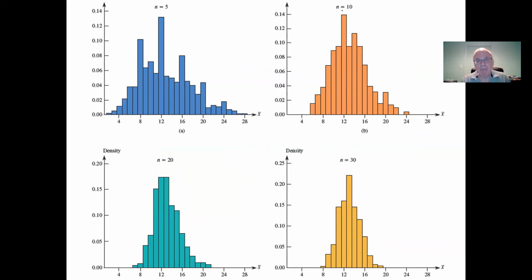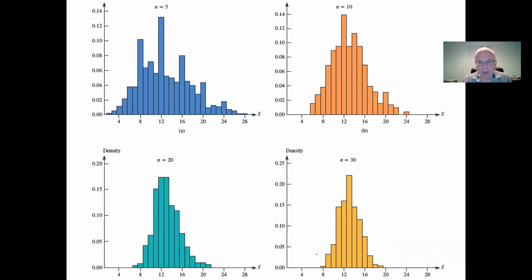Here's samples of size 10, looking closer to normal, slight skew to the right. 20, still skewed a little bit to the right, but not so badly. And now let's look at size 30. Beautifully normal, right? Now, nothing's perfectly normal, but it's beautifully normal.